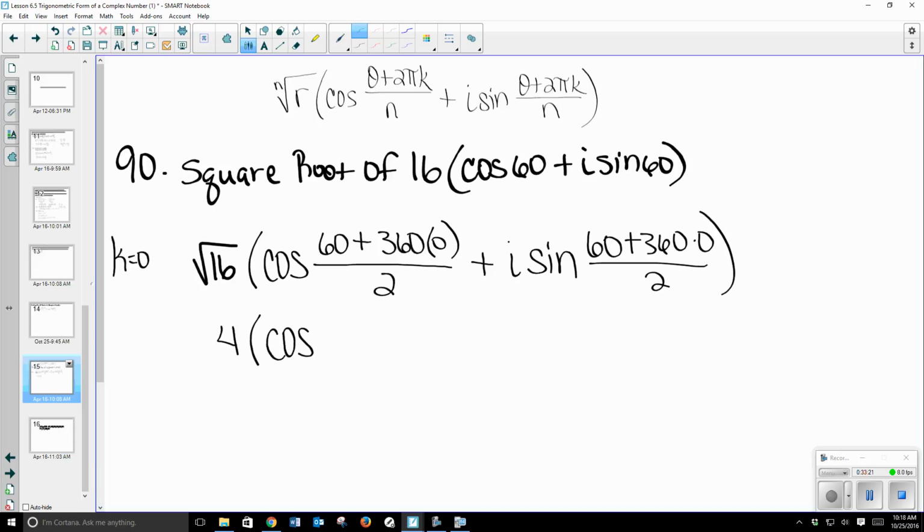Cosine, what would this be when I simplify? 30 plus i sine 30, right? So I didn't write the directions up here, but on number 90 you have to write it in standard form. So 4 cosine of 30, what's cosine of 30?